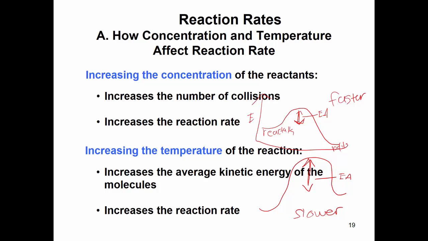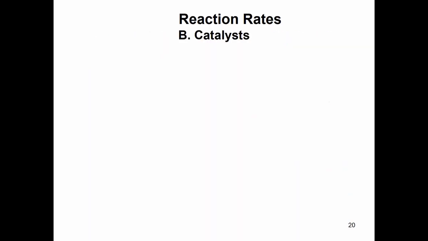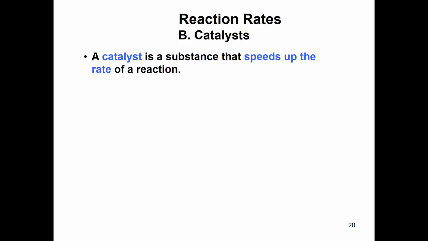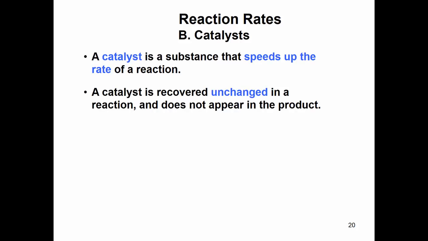So if you increase the temperature, you give those molecules more energy to be able to get over that energy of activation barrier. You can also use what's called catalysts, and these are substances that speed up the rate of reactions, and they're also recovered.